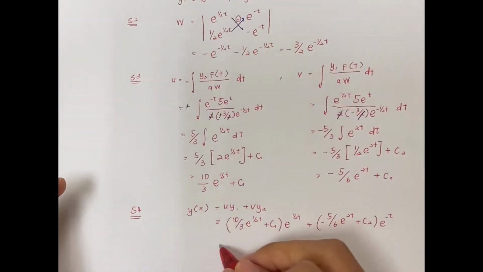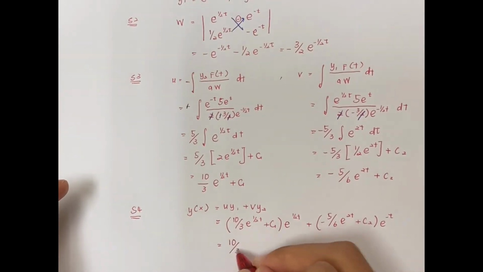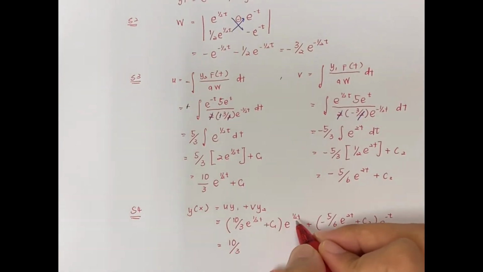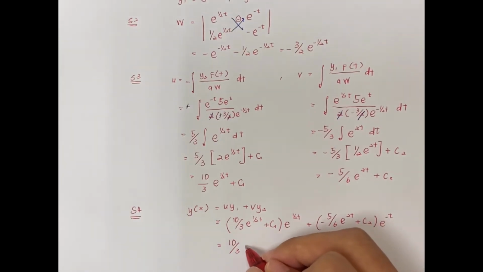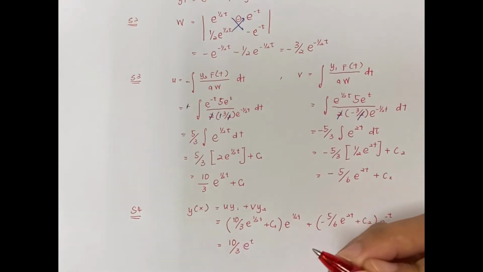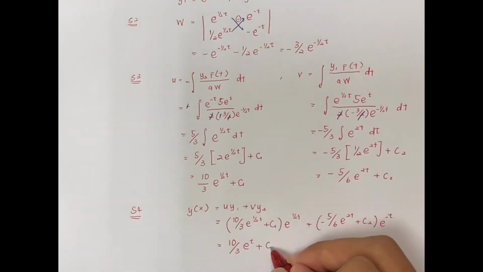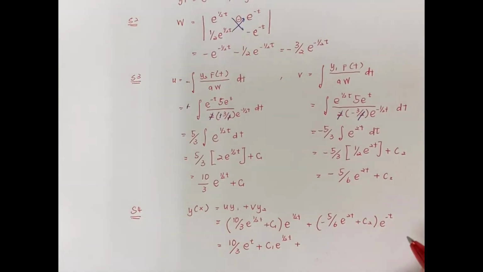Okay, then simplify this. You have 10 over 3 exponent half t, exponent t plus c1 exponent half t plus negative 5 over 6 exponent 2t, exponent negative t.